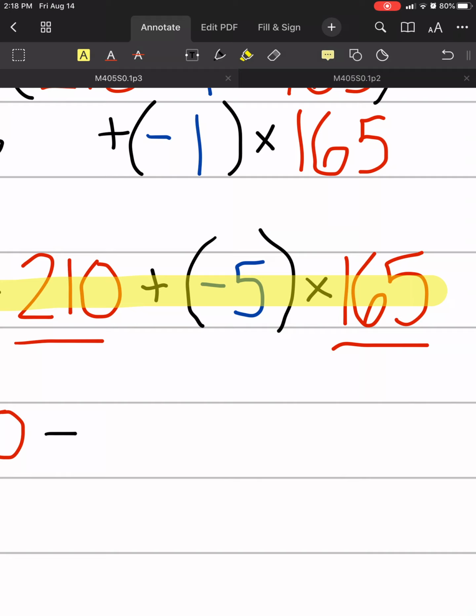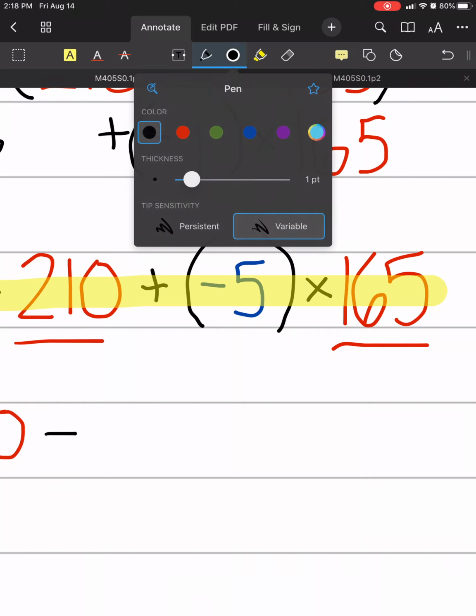Alright, so 5 times 160 is 800. 5 times 5 is 25. So we should get 825 here.